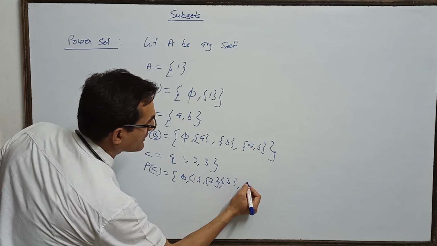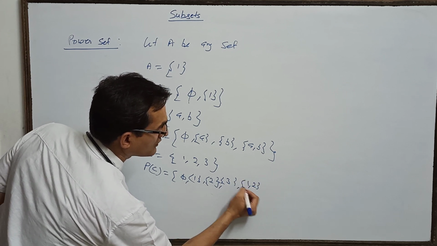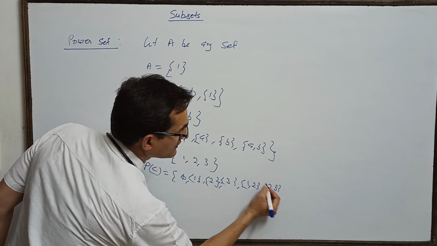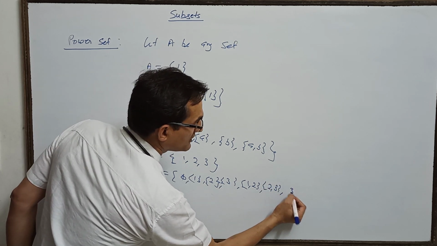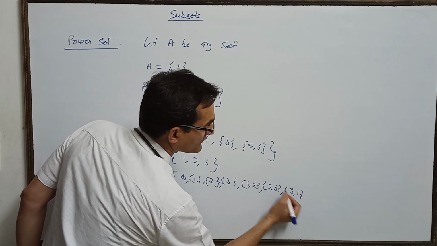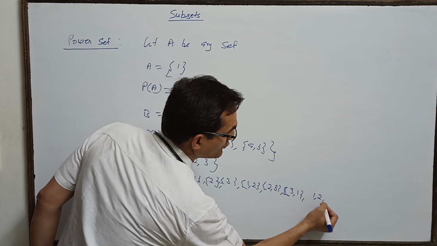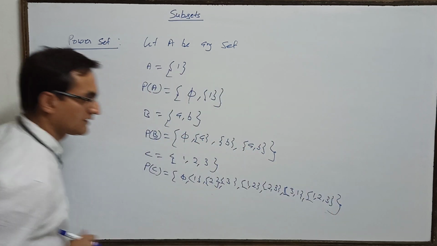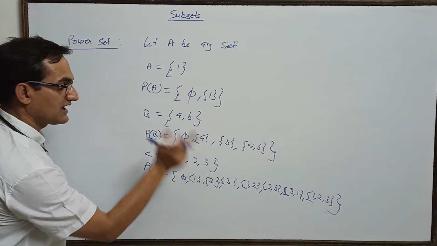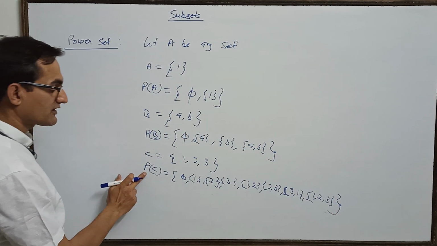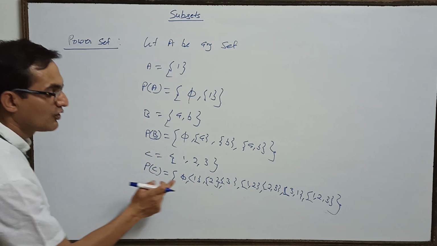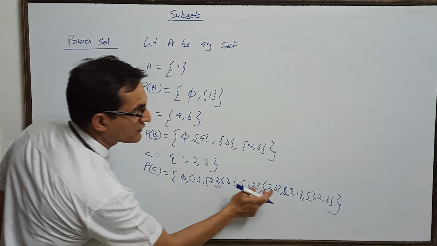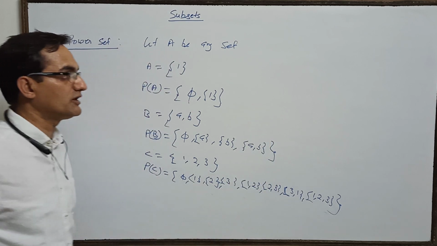Then subsets having elements 1 and 2, 2 and 3, and 3 and 1, and one having all of 1, 2 and 3. Now, if C has 3 elements, then the power set of C has how many subsets? 1, 2, 3, 4, 5, 6, 7, 8. How many? 8.